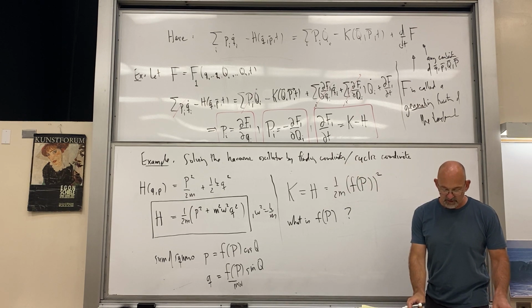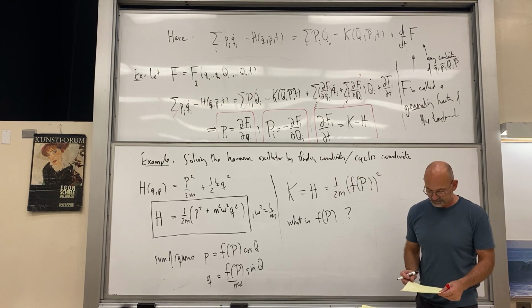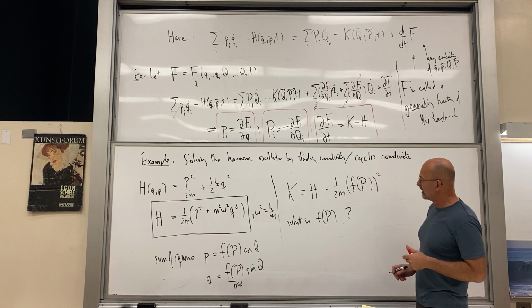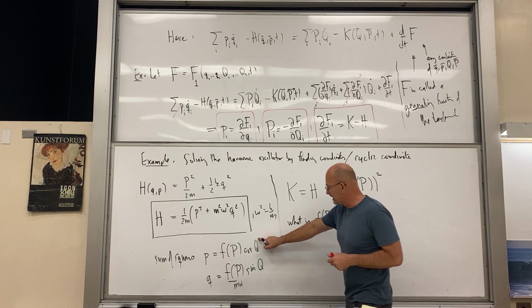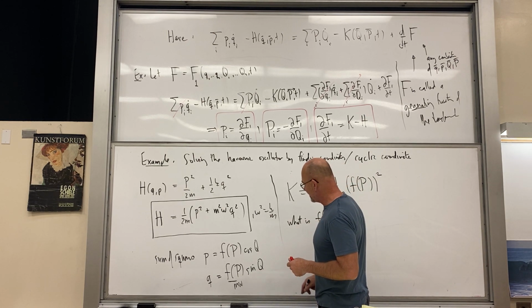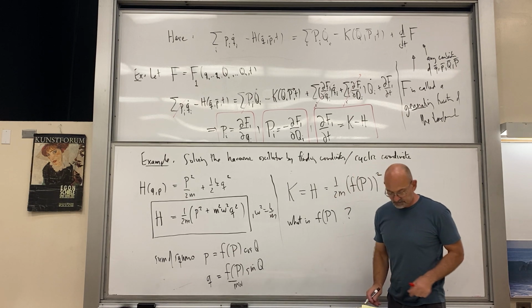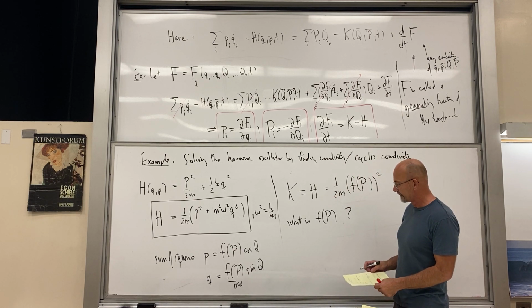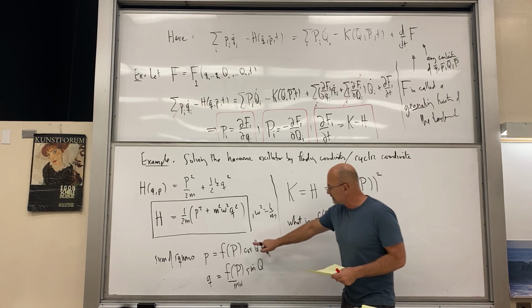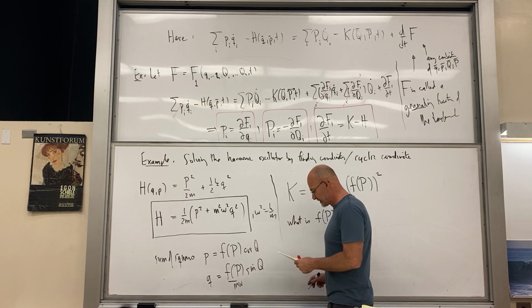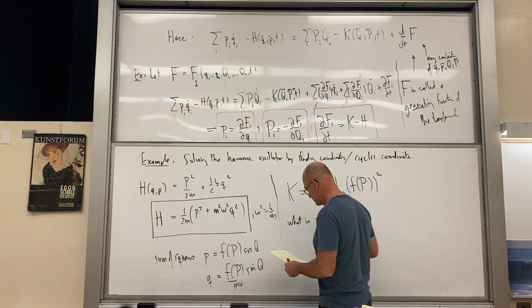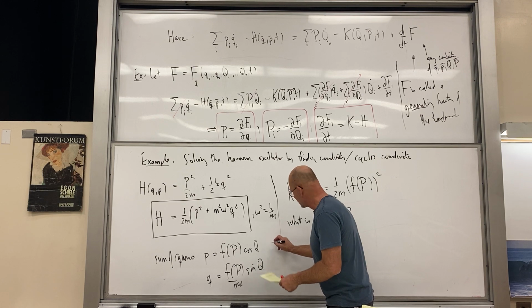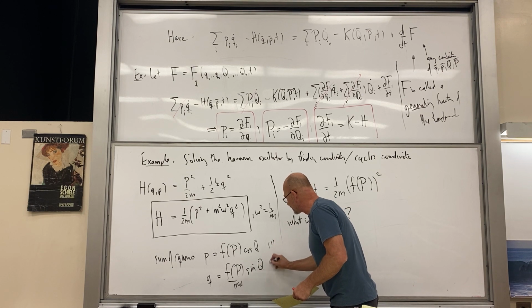For that, we'll start to use these relations right here. So f of p can first of all be eliminated from here. I'm going to number these 1 and 2.